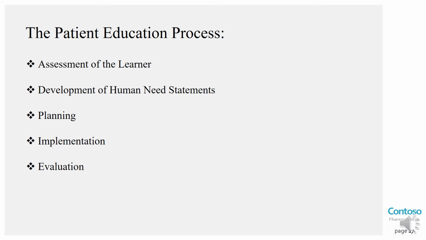Implementation of the patient education process occurs after you have completed the assessment phase, identified the human needs statements, and created a plan of care. The implementation phase of the teaching learning process begins. This phase includes conveying specific information about the medication to the patient, their family, and/or their caregivers.